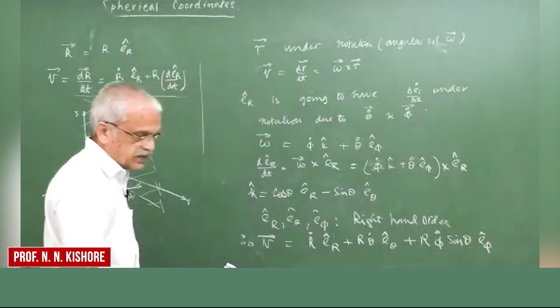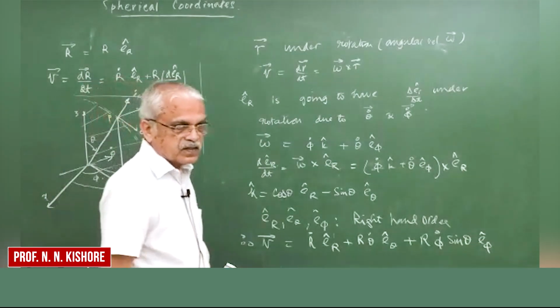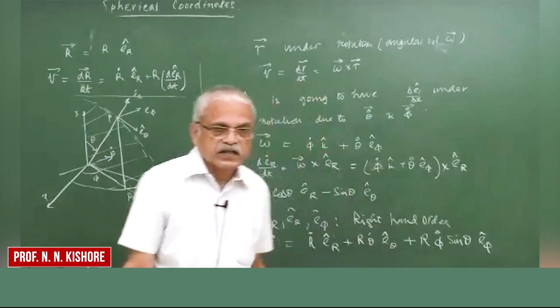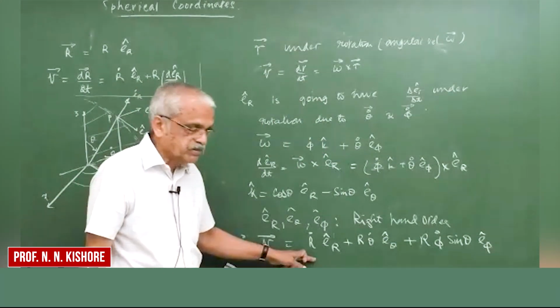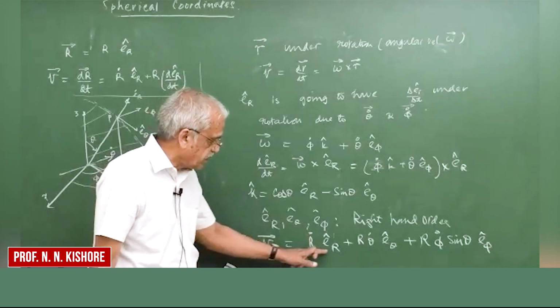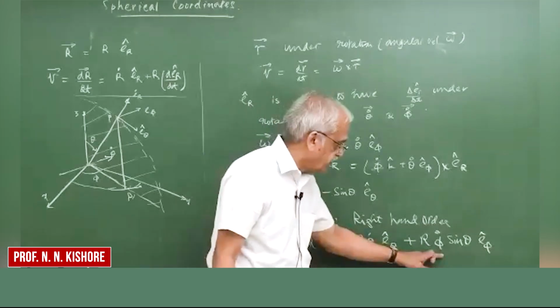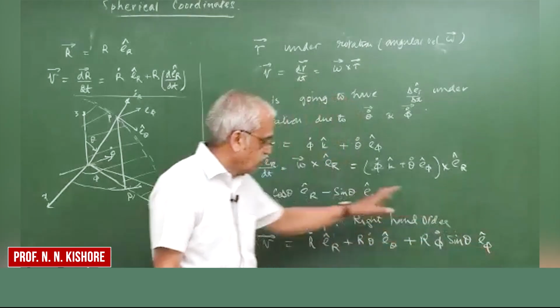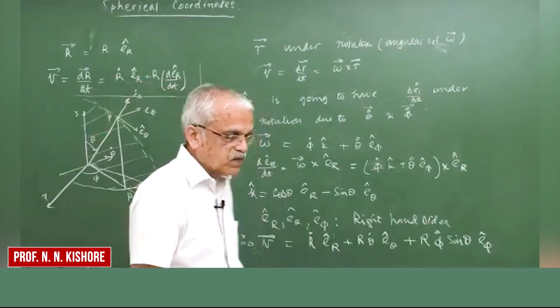Okay, so this is the expression for velocity. If r, theta, phi are given as functions of time, then you take the derivatives here: r dot e_r, r theta dot e_theta, and r phi dot sin theta e_phi. So this will give you the velocity expression in spherical coordinates.